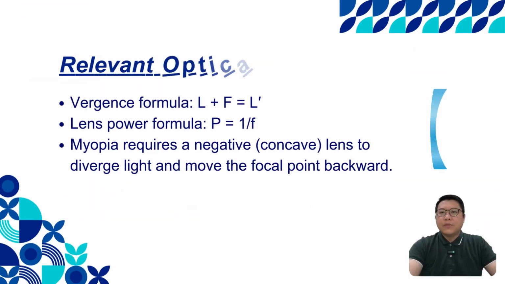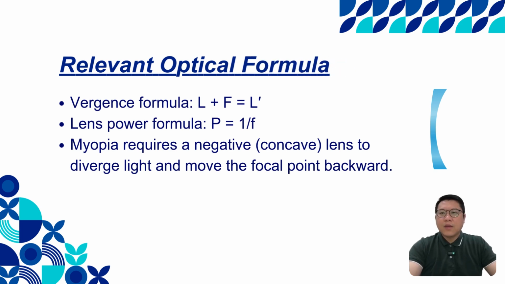The optical principle behind myopic correction can be mathematically demonstrated using two key formulas. The first is the vergence formula, L plus F equals L', which describes the relationship between the vergence of incoming light, the power of the lens, and the vergence of the outgoing light.